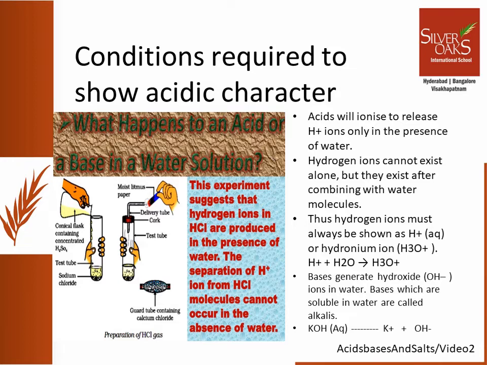Hydrogen ions cannot exist alone, but they exist after combining with water molecules. Thus, hydrogen ions must always be shown as H plus in the bracket aq or hydronium ions, that is H3O plus. Bases also will generate hydroxide ions in the presence of water. Bases which are soluble in water are called alkali.